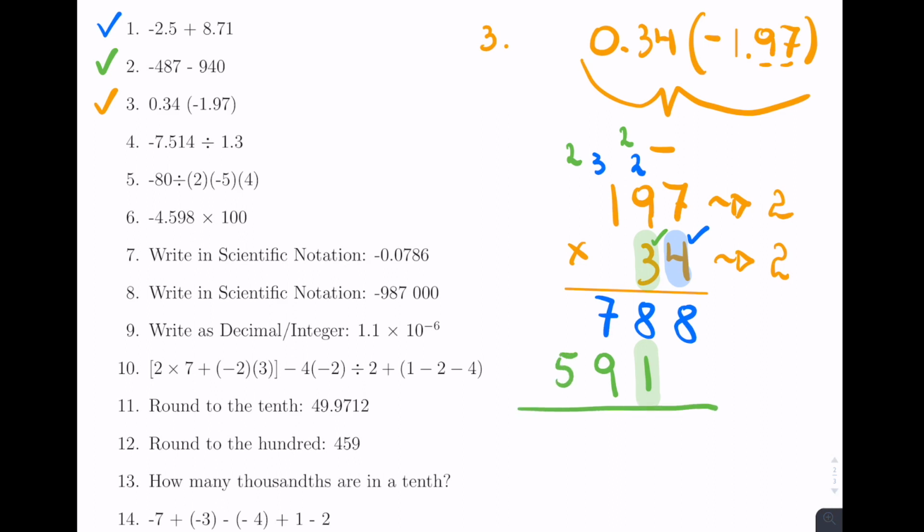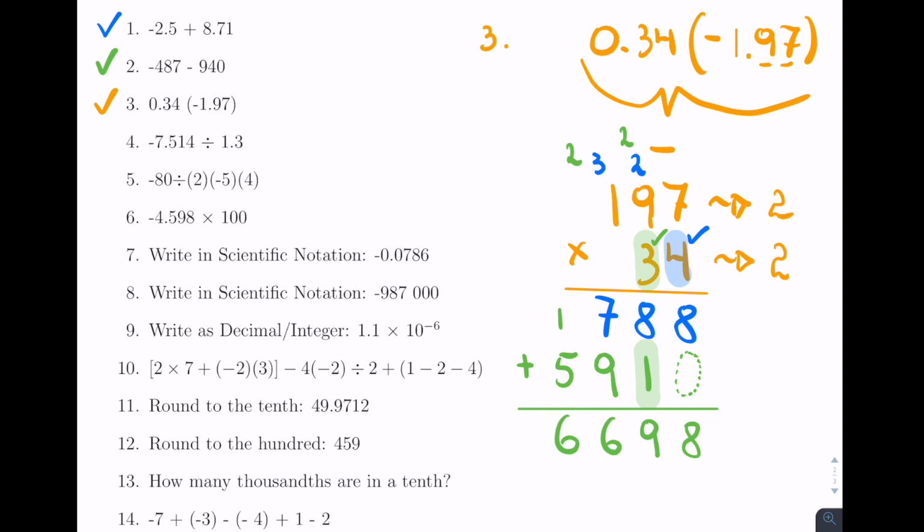Now I have to add both of these together. Sometimes people like to place 0 here. So this will be 8, 9, 16, carry 1, 6.